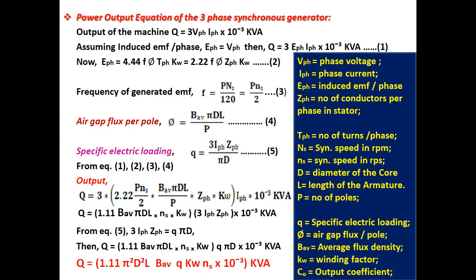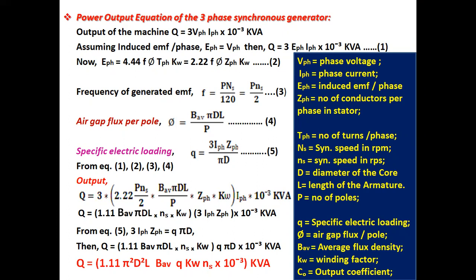Now, E phase is equal to 4.44 f phi T ph Kw, which is equal to 2.22 f phi Z ph Kw. That is equation 2. Frequency of generated EMF f is equal to P into capital Ns divided by 120, which is equal to P by 2 into small ns.